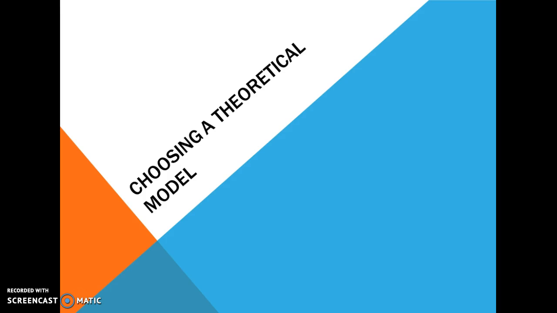I think the best way to think about choosing a theoretical model is that in some ways it does parallel what you do in individual or clinical social work, where as a social worker you have a toolbox full of theories that you can use when you're working individually one-on-one with clients. So, things like solution-focused therapy or cognitive behavioral therapy or dialectical approaches.